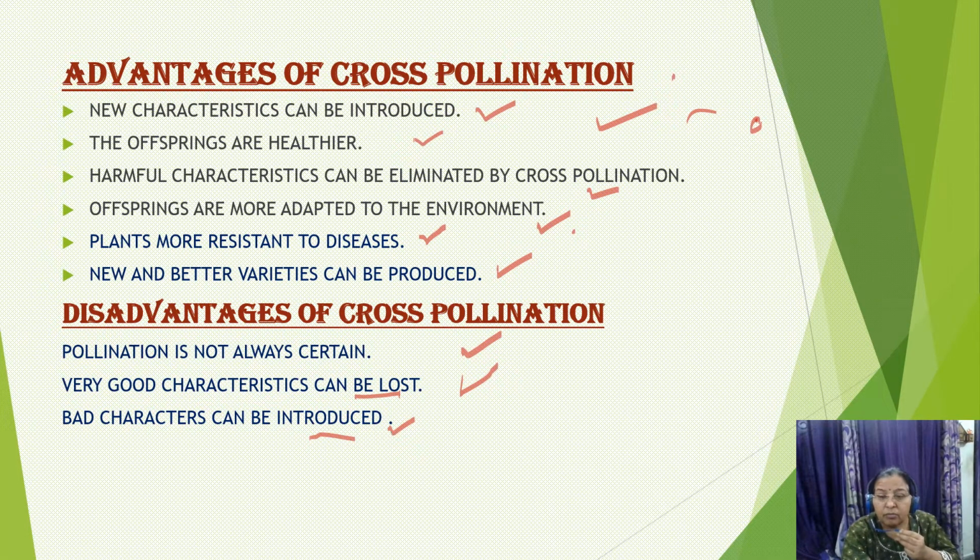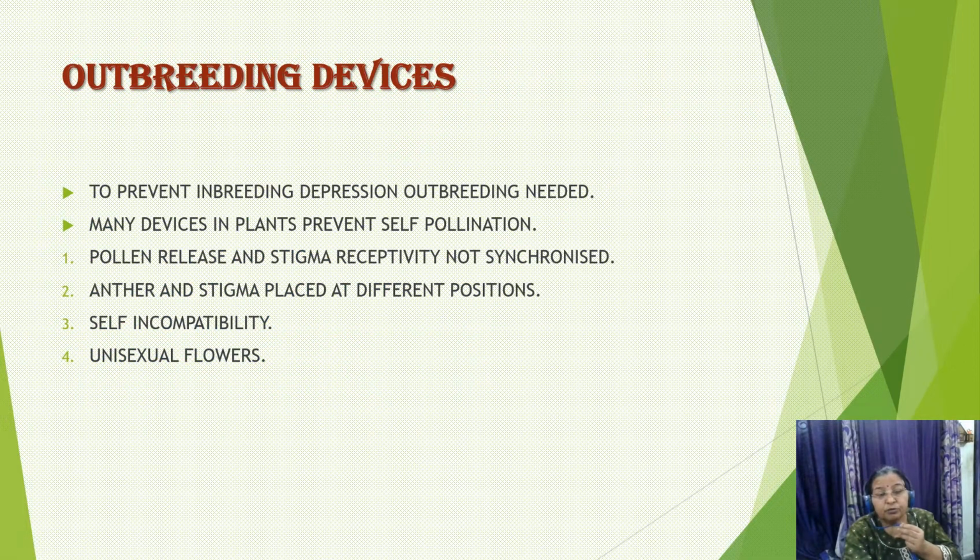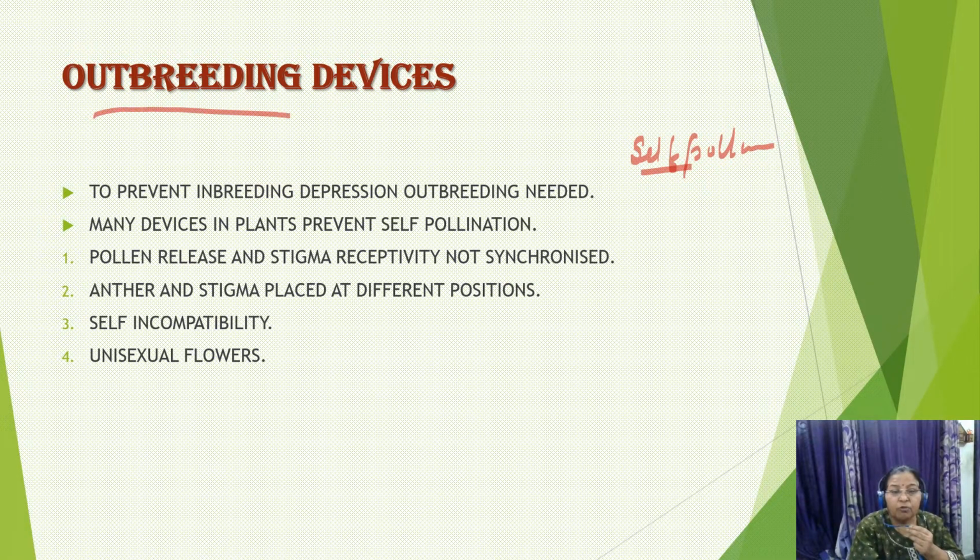So nature has done this to prevent self pollination, because we have learned the disadvantages of self pollination. Since self pollination has so many disadvantages, nature has some outbreeding devices to prevent inbreeding depression.